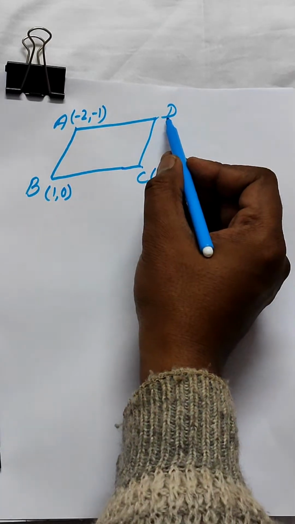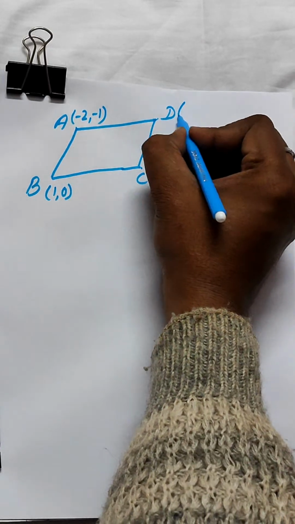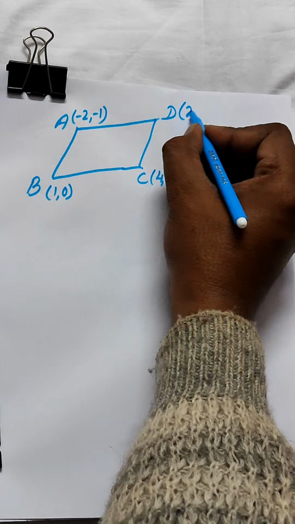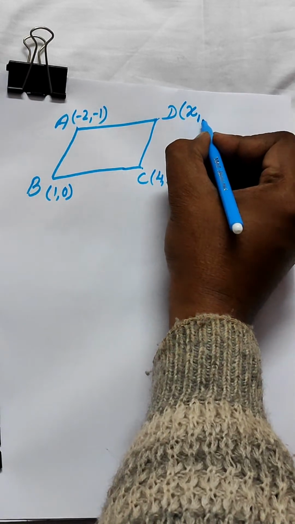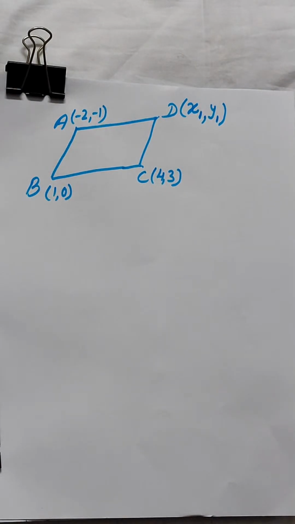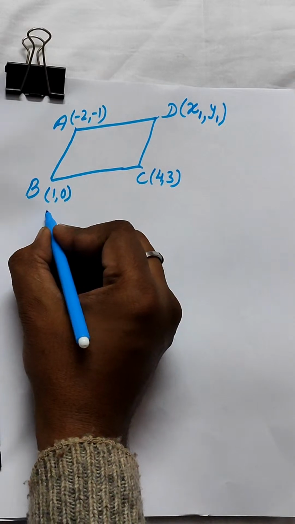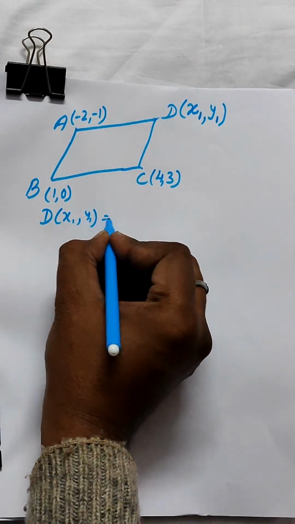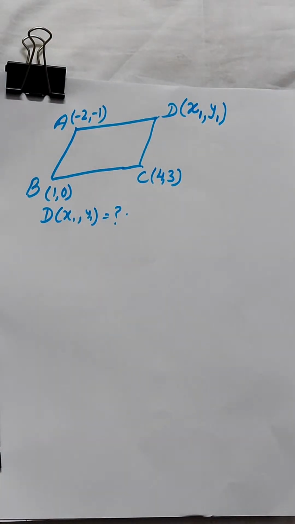You need to find the value of D. Let's say the coordinates of D are (x1, y1). You need to find the coordinates of D, x1, y1, right?